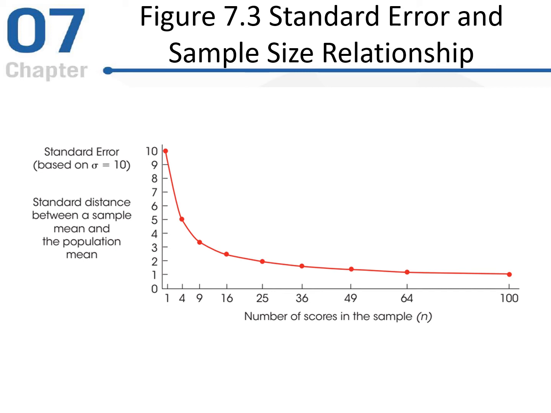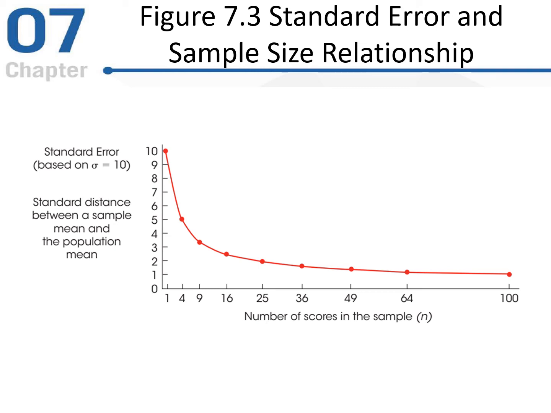Here's a graph depicting the size of the sample and the standard error. So as you see, as our sample gets bigger and bigger, the standard error gets smaller and smaller as we go to the right on this graph. Now the biggest drop is around 30. It kind of plateaus. You see 36, it's kind of plateauing there.